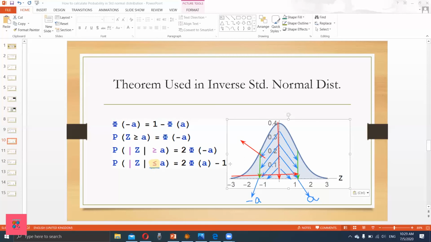So we will subtract 1 from this area to get this shaded area. Okay, this shaded area is actually, in our case, the required one.